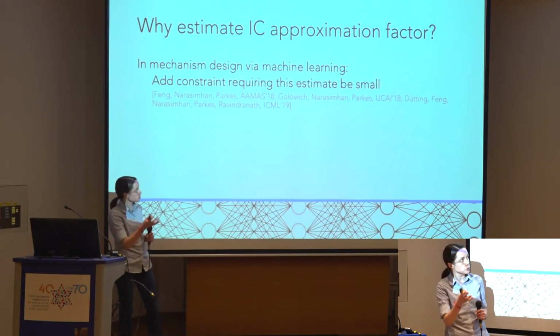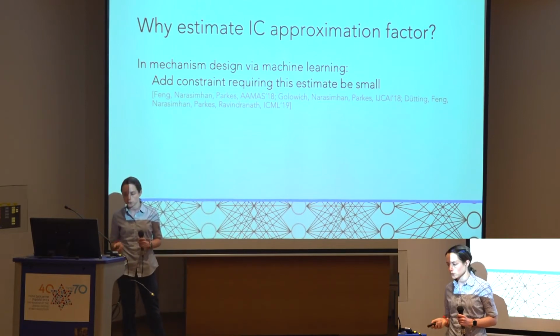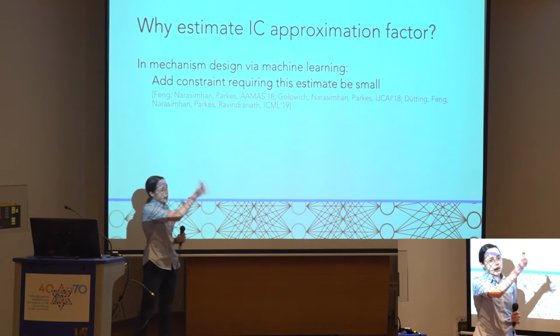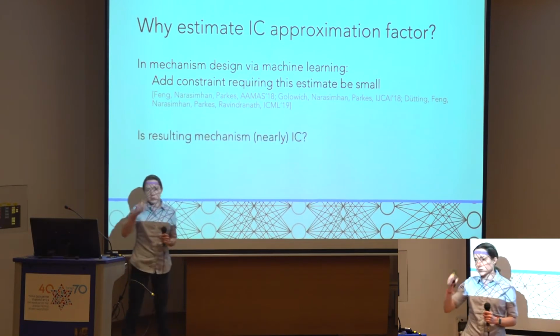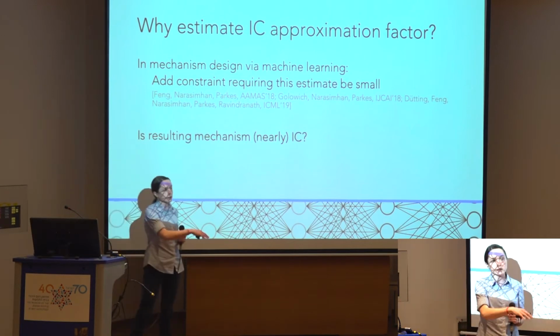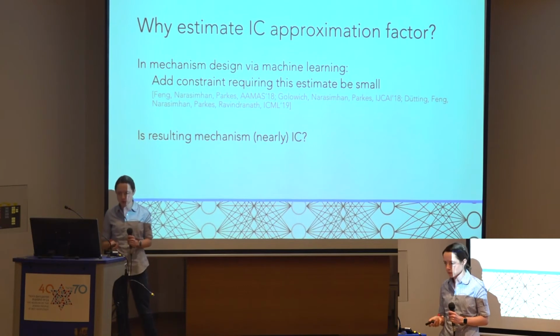So there's been a few works that have looked at this mechanism design via deep learning. So you know that on average over your training set, your mechanism is incentive compatible, but you might want to know, is the resulting mechanism actually going to be incentive compatible or nearly incentive compatible?